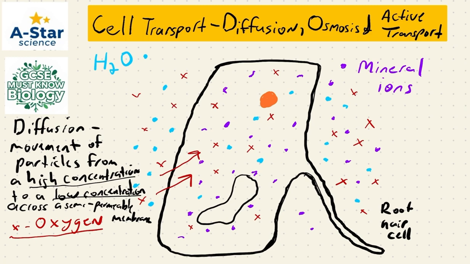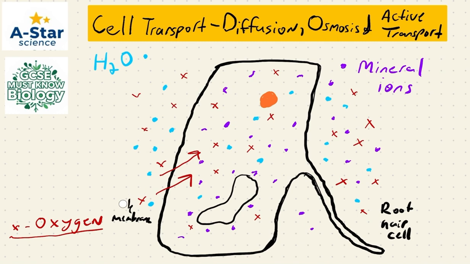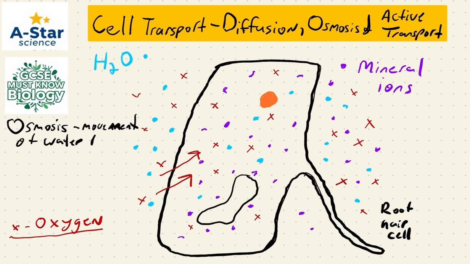Now let's look at osmosis and see what the difference is. Osmosis and diffusion are very, very similar to each other, but there's one word that we need to change. So osmosis, again, is the movement of water from a high concentration to a low concentration.